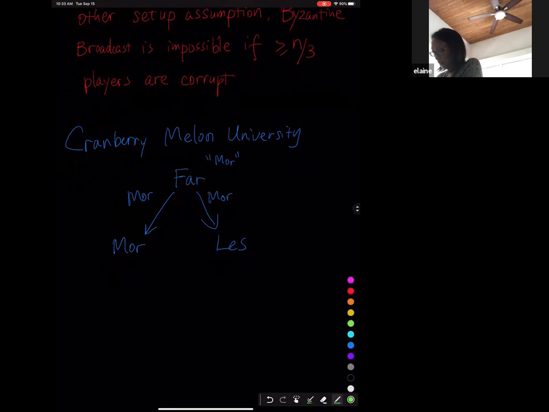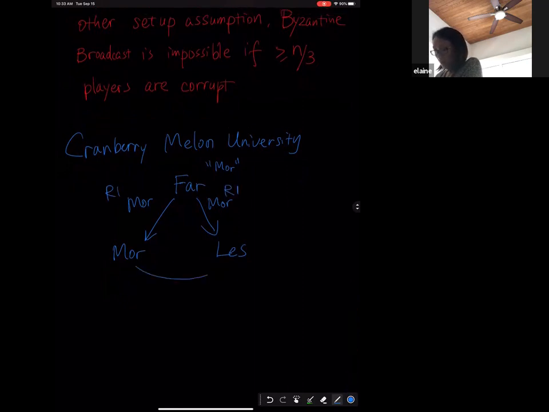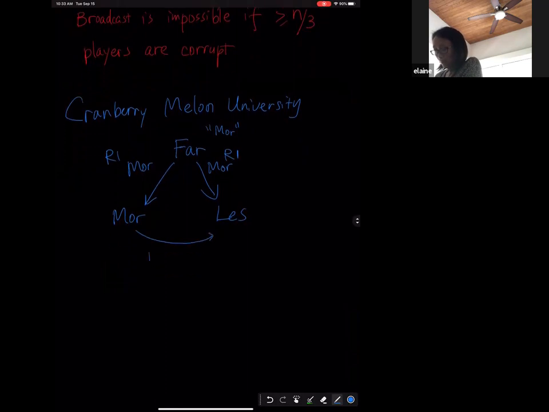So these are round 1 messages. Then in round 2, Moore will relay to Less. Let's say Farr actually said Moore, but she will say Farr said Less. And Less, let's say, is honest, and he will just say Farr said Moore.